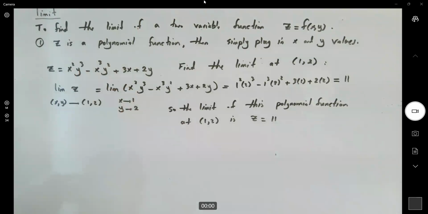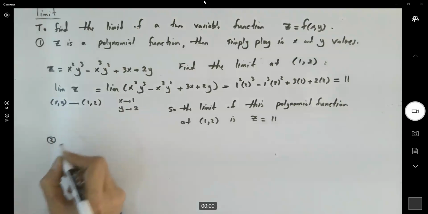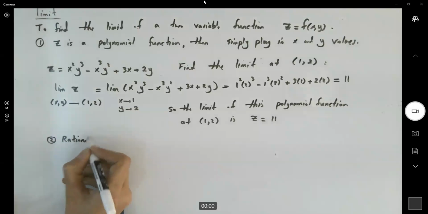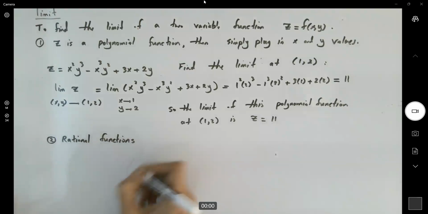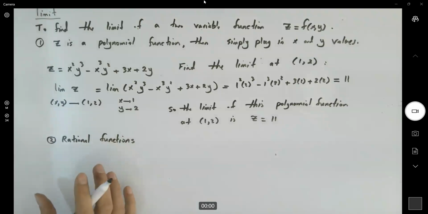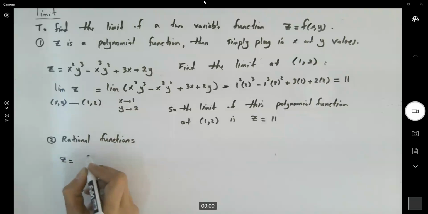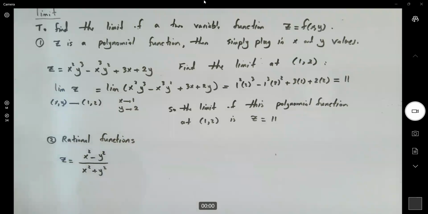Second example, not so much well-behaved functions, especially when it comes to rational functions, like this scenario, like this case. Suppose the function z is given to you as x squared minus y squared divided by x squared plus y squared.